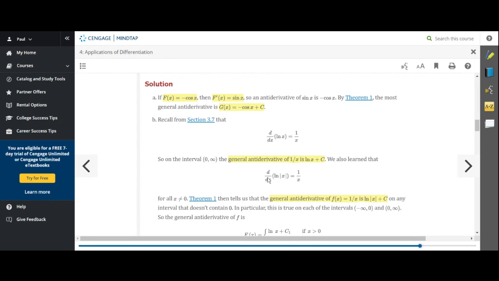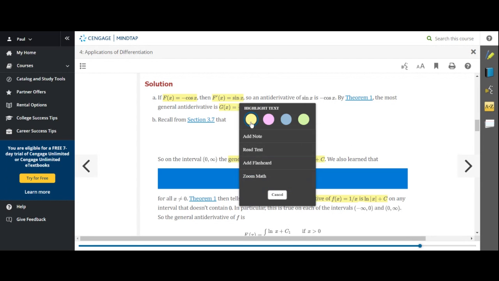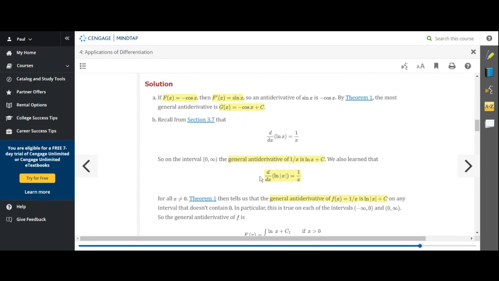You learned back in chapter 3, I believe it was chapter 3. Just double check here. Hold on. You learned derivative rules in chapter 3. And let's see here. I'm just finding the right section, class.